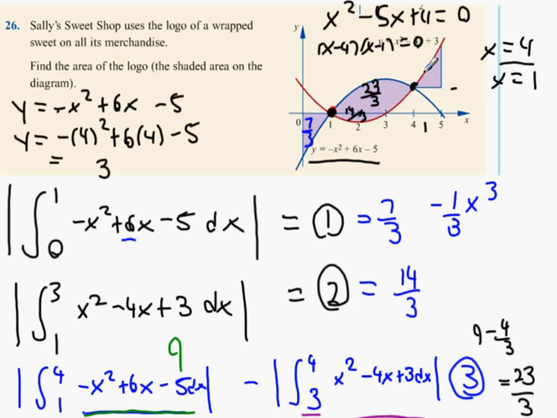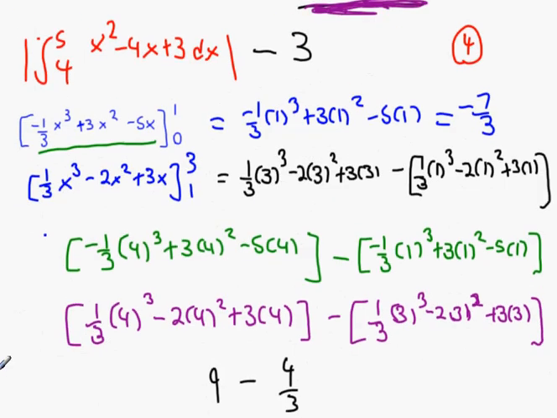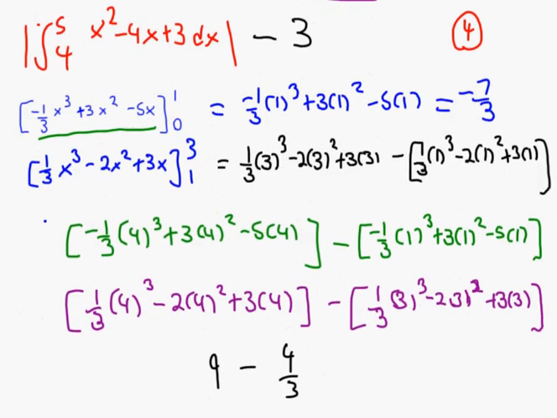Okay, and then let's look at the last part. The last part is this part here. We know that the area of the box is 3, so we have to get the area of part 4, which is in red. So we're looking at doing the red part now, guys. The integral of the u-shaped function, which is going to be a third.